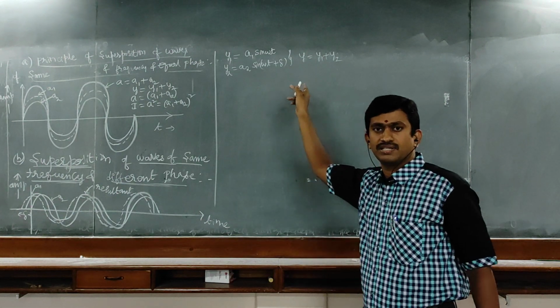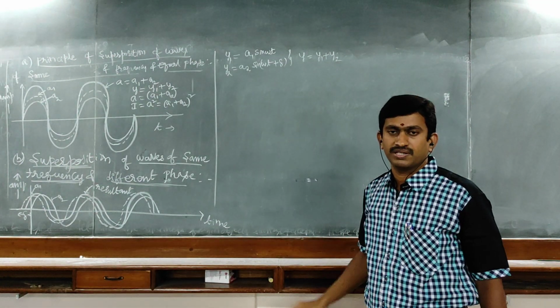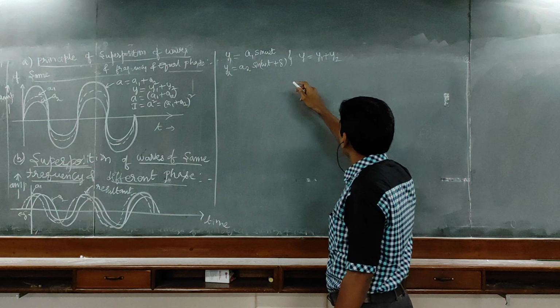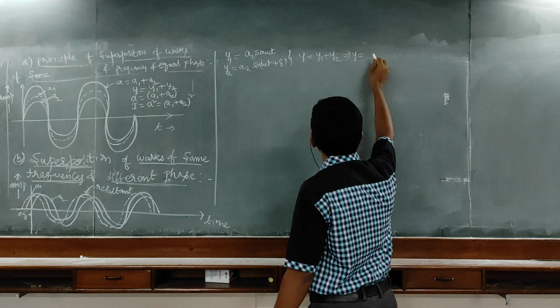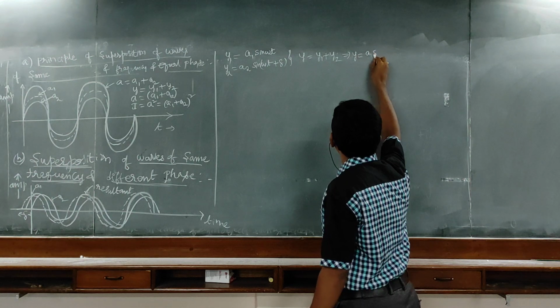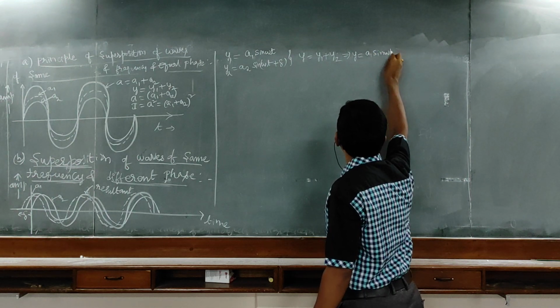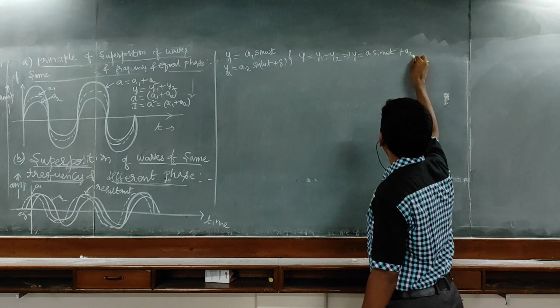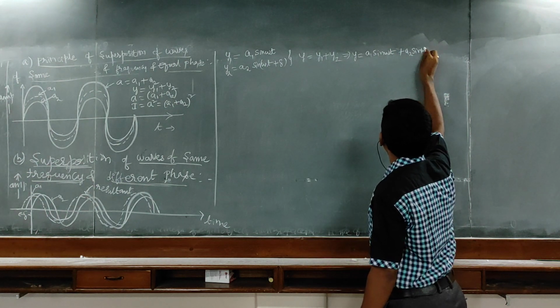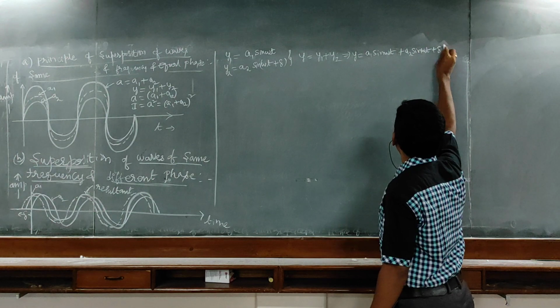That is the statement of the principle of superposition of waves. Now substitute these two values in this statement. Therefore, y is equal to a1 sin omega t plus a2 sin (omega t plus delta).